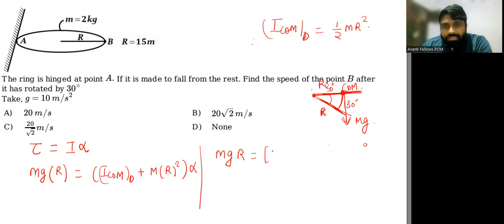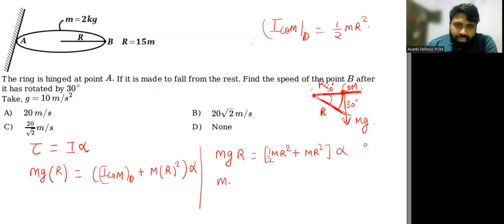So I is mr square plus half mr square, which is 3 by 2 mr square, into alpha. So mgr is equal to 3 by 2 times mr square alpha.